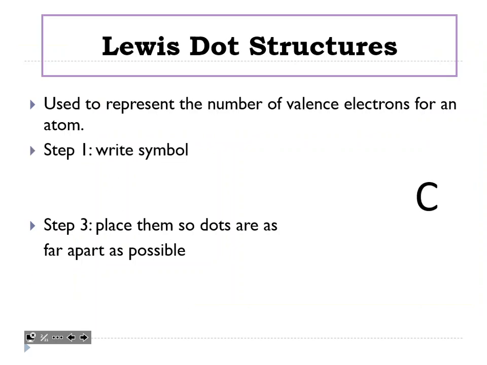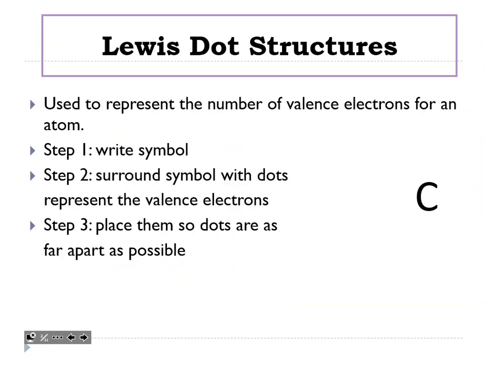Group 1 has 1, group 2 has 2, group 13 or 3A has 3, 14 or 4A has 4. Same thing here, 15 or 5A, the nitrogen group, has 5, the oxygen group has 6, halogens have 7. Most of your noble gases have 8, except for helium, remember, has 2. So keep that in mind.